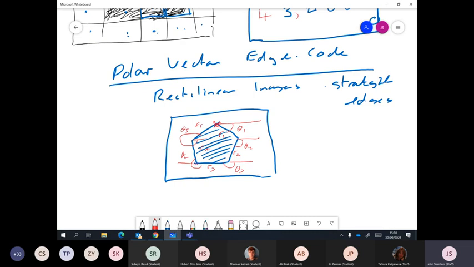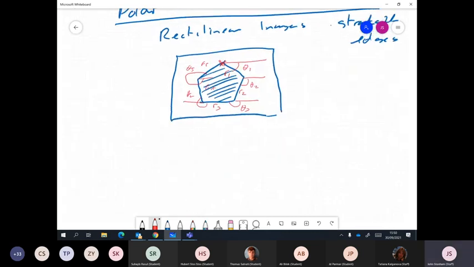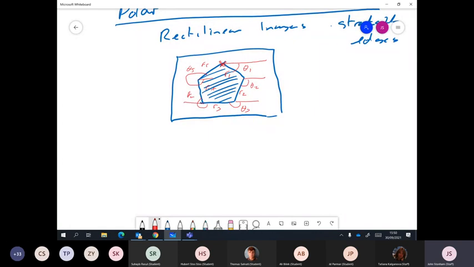So the image, which was a picture, now becomes a series of lengths and angles: R1, θ1, R2, θ2, R3, θ3, R4, θ4, and R5, θ5. Now that's a simple concept, but it's almost impossible to do directly on images.